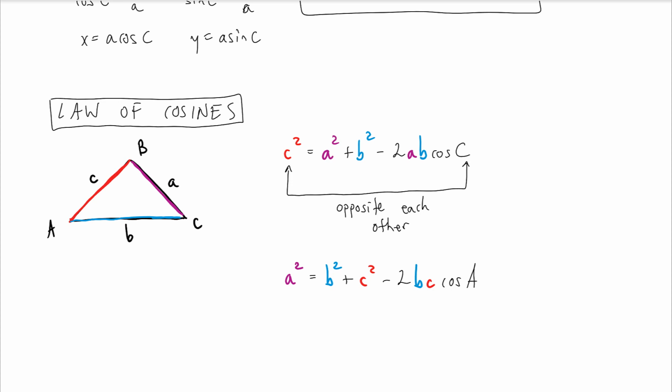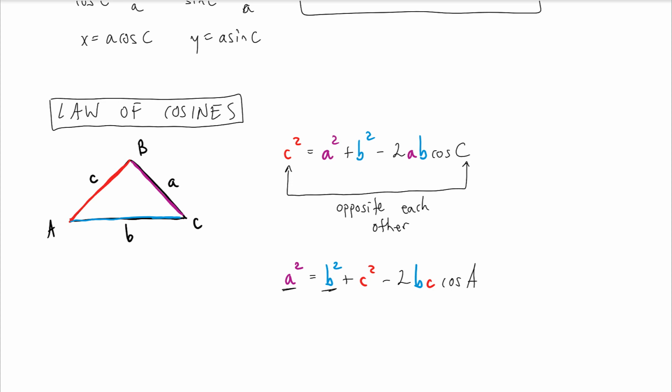So this is one of those times where a verbal description might actually make more sense than the symbolic representation of this. But that's up for debate, of course. So what's important here is any side length squared equals the sum of the squares of the other two sides minus double their product and cosine of the angle opposite the side you started with. And that's the law of cosines. Now, look what the law of cosines requires.